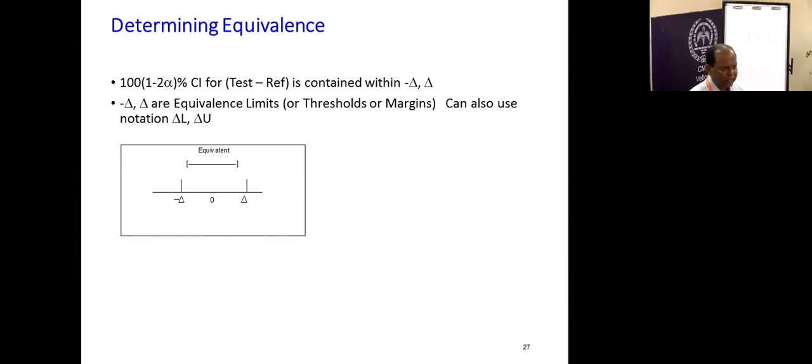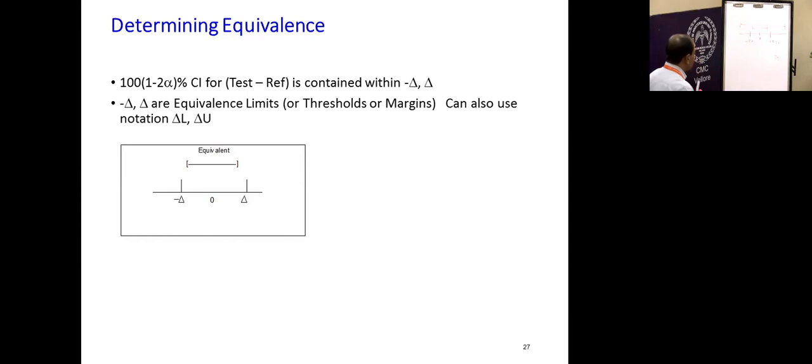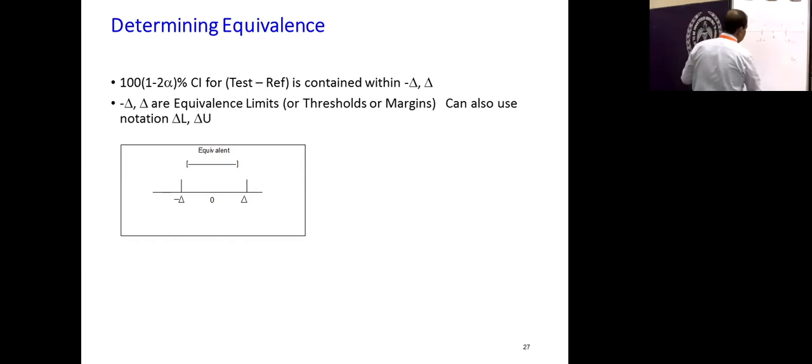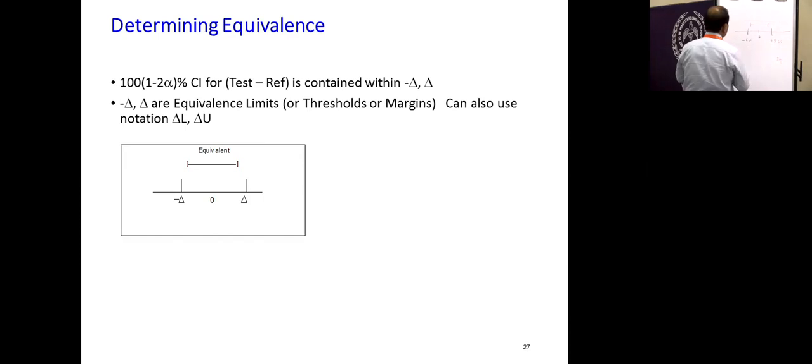Both the limits are within this margin, therefore it suggests equivalence. Okay. Suppose you find a limit here, both the limits have exceeded the margin, therefore it is not equal. Is that right? So the confidence interval should fall between these two limits. Then you claim that it is equivalent.